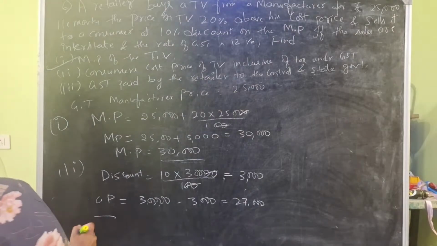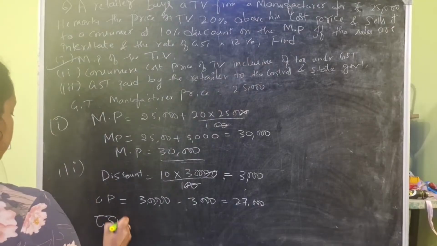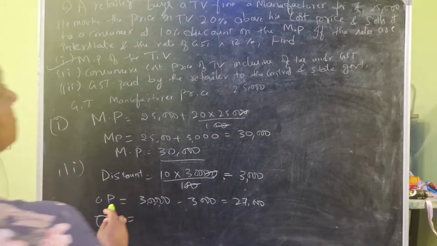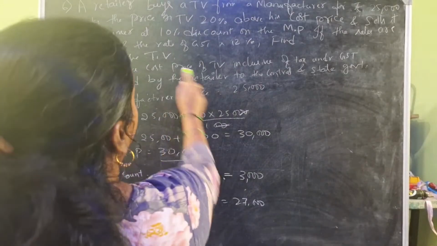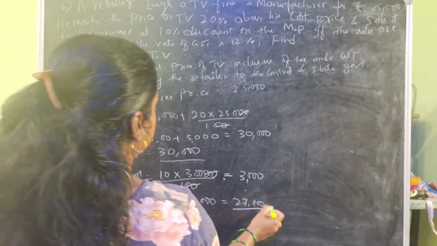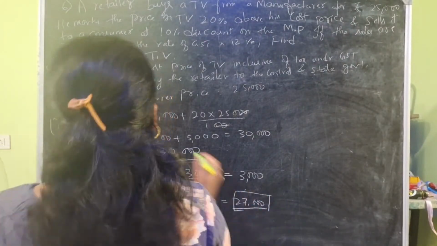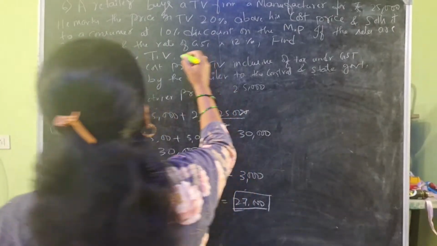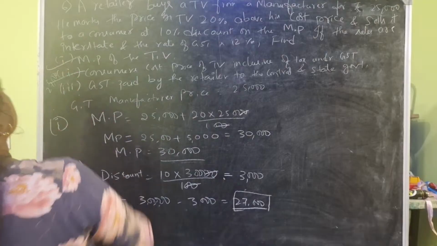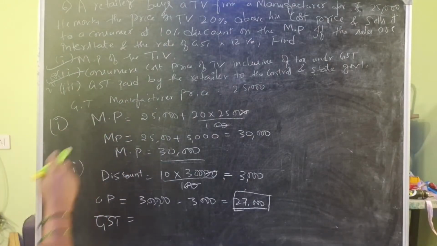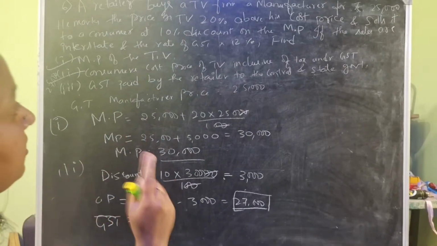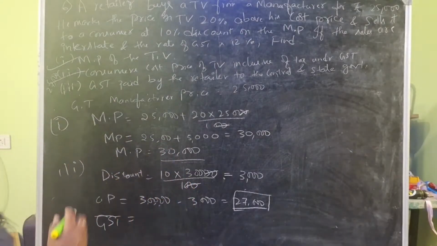So we have found the answer for the second question, that is 27,000. Now we have to find the GST paid by the consumer.